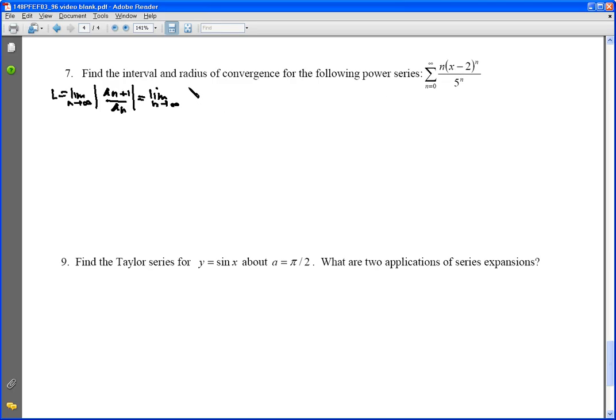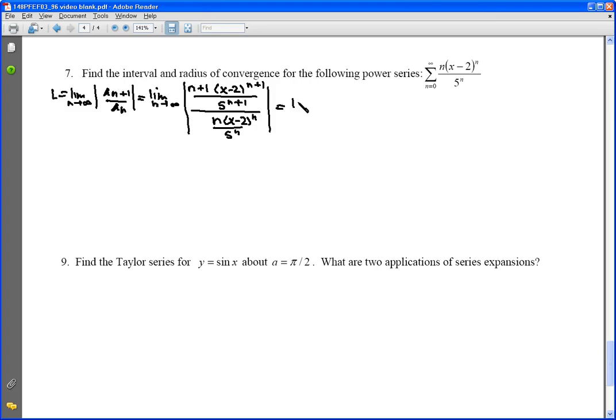So in the n plus 1 term, we'll have an n plus 1 on top, and then we'll have an x minus 2 to the n plus 1, and then down here we'll have a 5 to the n plus 1, and then all over n times x minus 2 to the n over 5 to the n, and that whole thing gets absolute values.